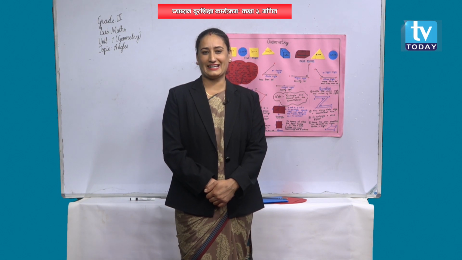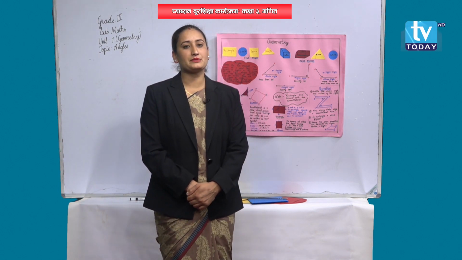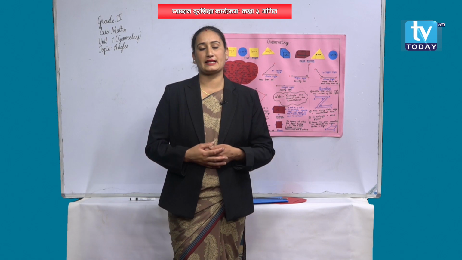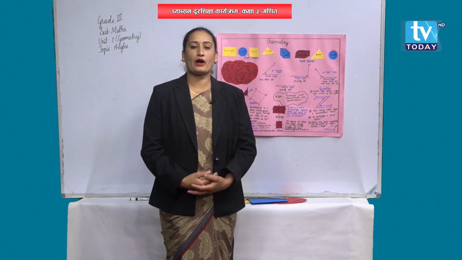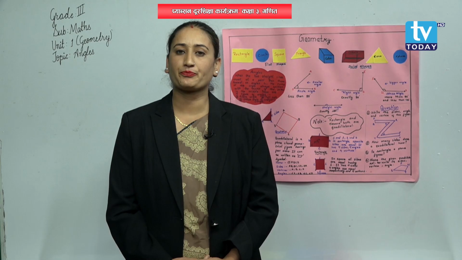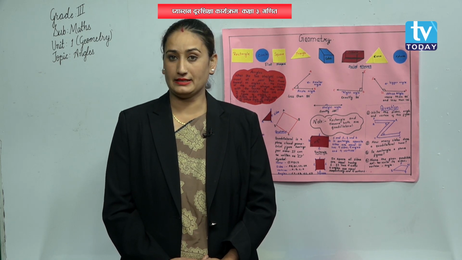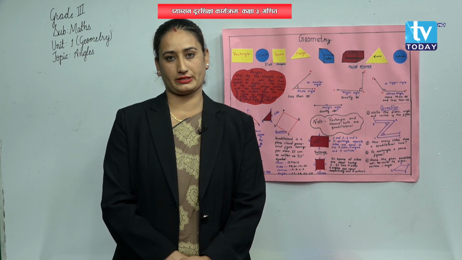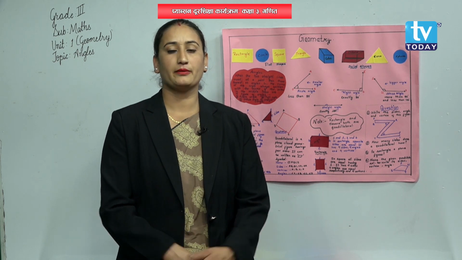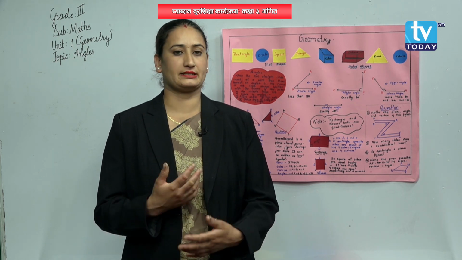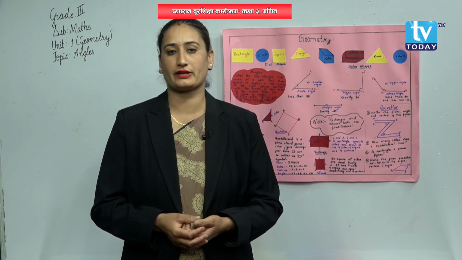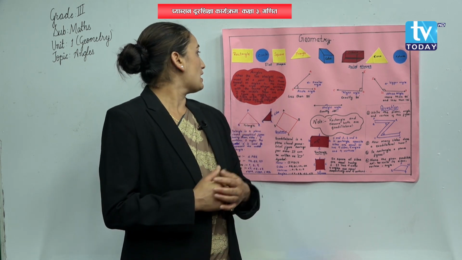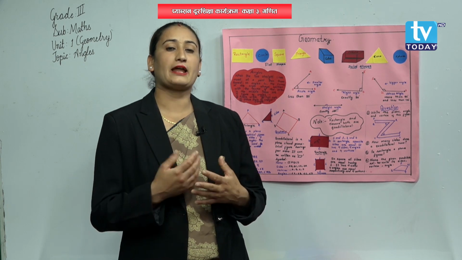Of course, right? 2D shapes we also call flat shapes. Why do we call them flat shapes? Because they are made on a plain surface or a plain paper. We can make them on plain paper, so that's why it's a flat surface, and we call them flat shapes.